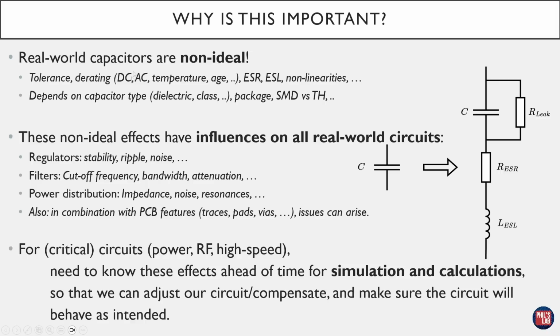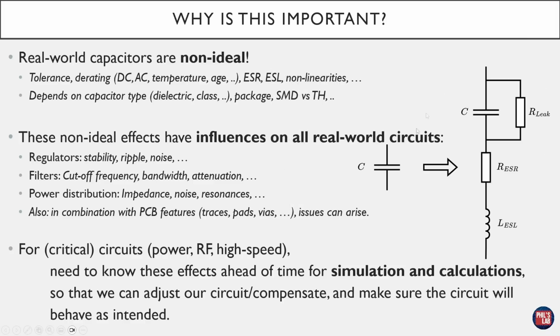Then we have derating. For instance, applying a DC voltage across certain types of multilayer ceramic capacitors actually reduces the capacitance quite drastically. Similar things happen for an AC bias, an AC signal applied across the capacitor. We have derating for temperature, as well as aging of the capacitor. In addition to just the capacitance itself, we also typically have equivalent series resistance, which is ESR, as well as ESL, which is equivalent series inductance.